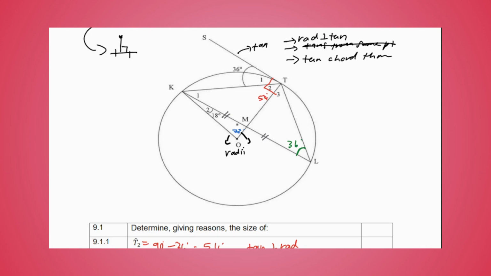Okay, so if you can prove that any of those angles are 90, that would make those two sides equal. So we need to find out that one of those is 90, and then we can go from there.